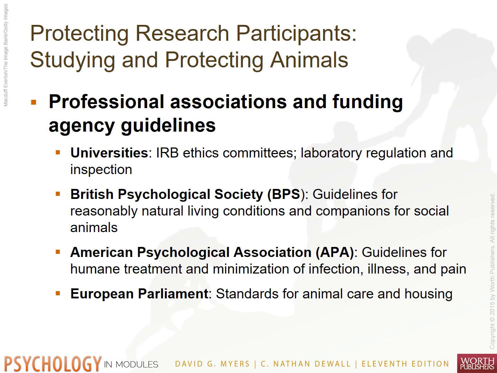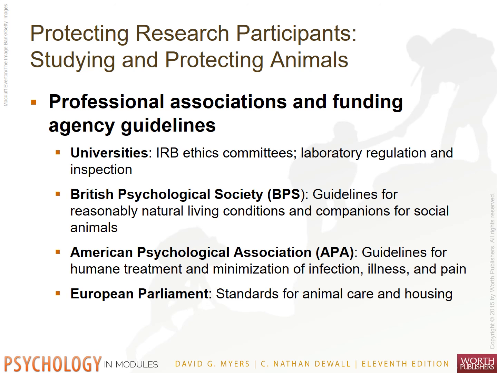And they will reject any proposal that doesn't take safeguards to protect animals during research. So the IRB is a very important group composed of scientists, lawyers, even lay people in the community that protects the abuse of animals. So you don't see a lot of animals being abused in research. They wouldn't be approved with the Institutional Review Board at their particular university.